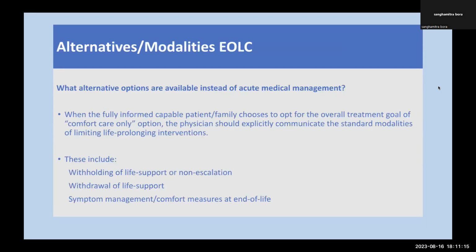Now, there are alternatives or modalities of end-of-life care. Instead of acute medical management, the option available is when the family chooses a comfort care only option. That is the point where the physician should explicitly communicate the standard modalities of life limiting or life prolonging interventions.